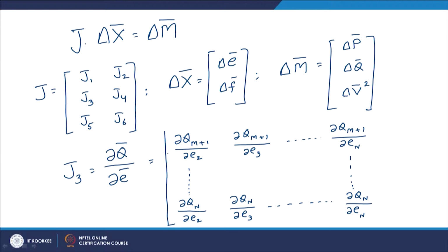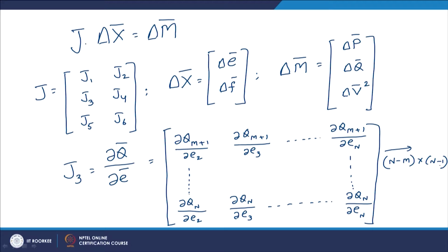So, this is the structure of the matrix, and we have also seen that the dimension of this matrix should be n minus m cross n minus 1. So, this is a rectangular matrix.